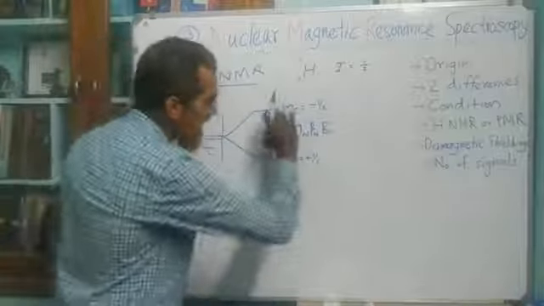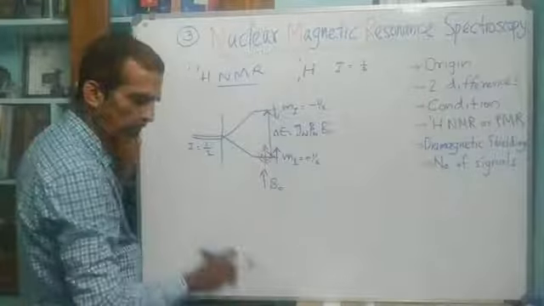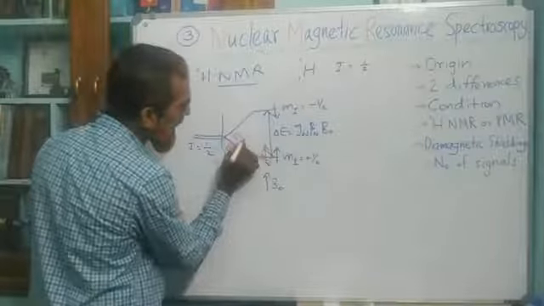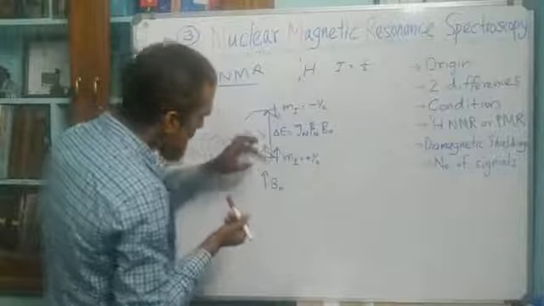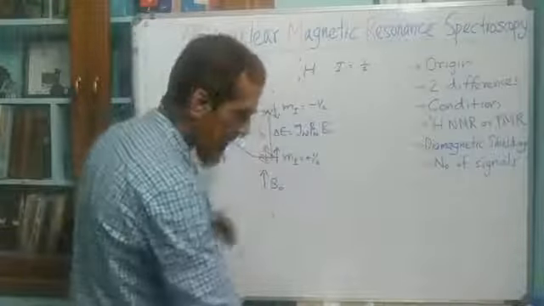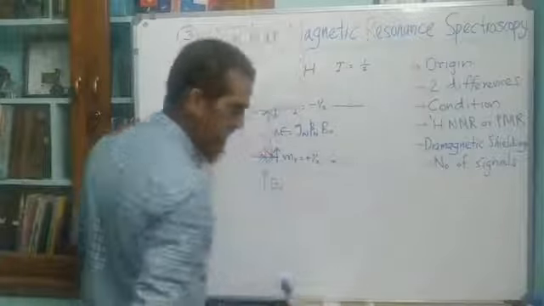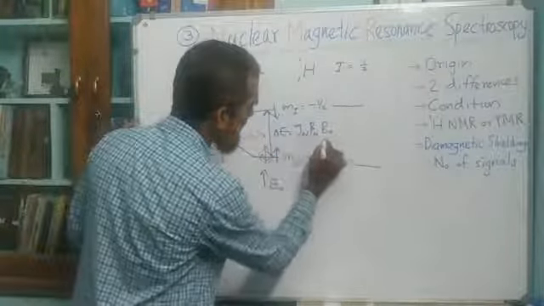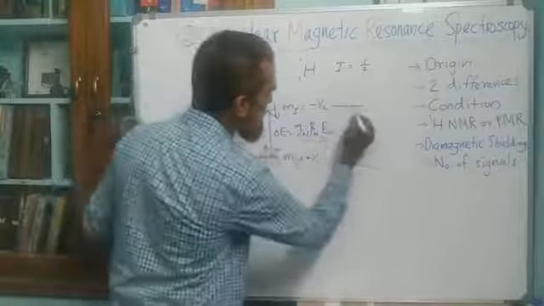And this energy gap corresponds to the energy of radio waves. That's why we are using radio waves. So if you send a radio frequency wave to this nucleus, it will absorb energy and go to this state. So after absorption of energy, this nucleus will go into this state.